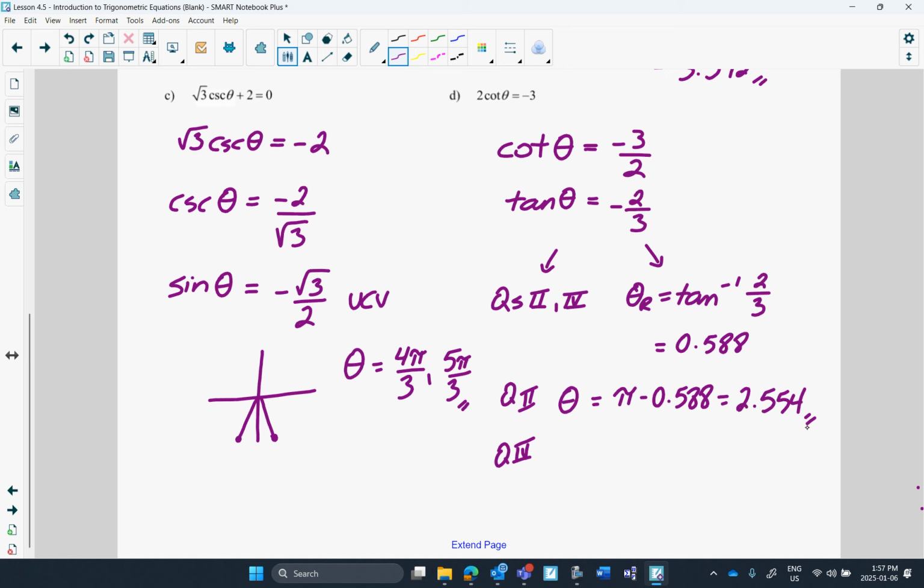And then in quadrant 4, normally in degrees it's 360 minus, but here it's 2 pi minus because we're in radians. You guys are getting the hang of it. Good. So 2 pi minus 0.588, 5.695.